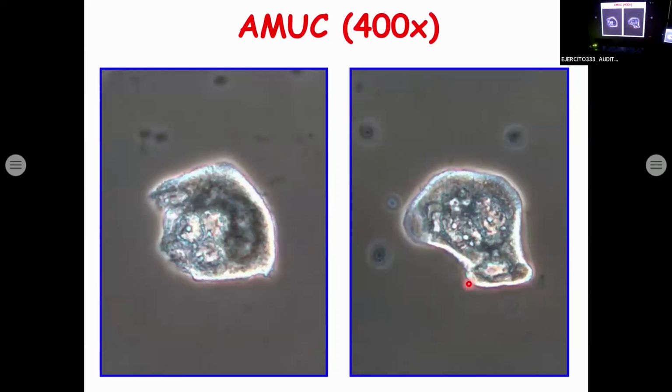And then we have 2 other types of AMUC, okay? This one with 2, 3 nuclei, and the other one with a very unusual shape. Now I'm joking, and believe me, I'm joking. This is a very malignant cell, very malignant. Do you know why? Does this cell remind you of anything? I'm joking, eh? So I do apologize, but you know why I consider this very malignant? Can I say that?